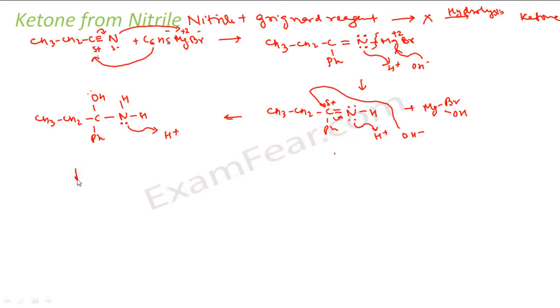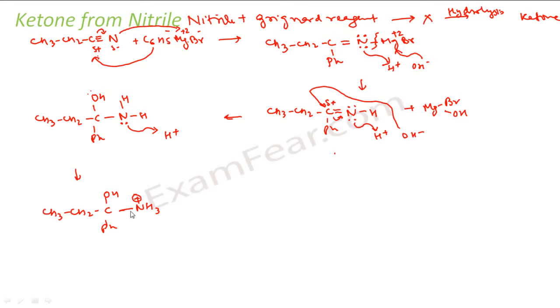We have seen a lot of cases. So this becomes CH3, CH2, C, OH, Ph, NH3 with the plus charge on N, right? Now here, nitrogen with the plus charge, nitrogen won't like it, because nitrogen is an electronegative element actually.